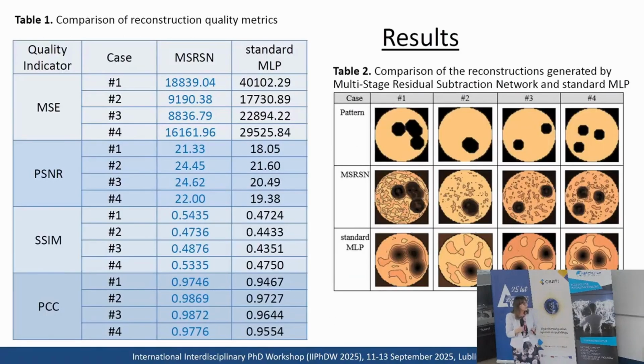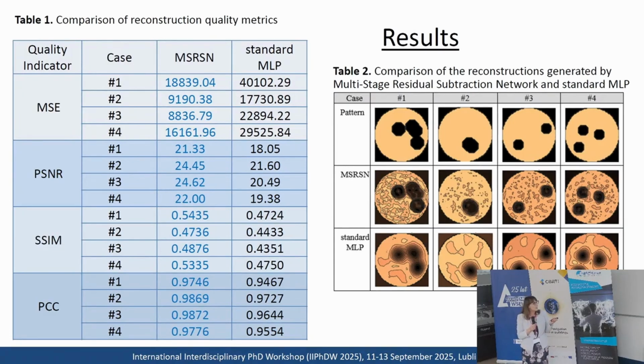Here you can see the results and the reconstructions. In the first line it's the phantom, the second is the differential architecture, so the multi-stage residual subtraction network, and the last one is the standard model. Even when looking with our eyes, we see the differences.